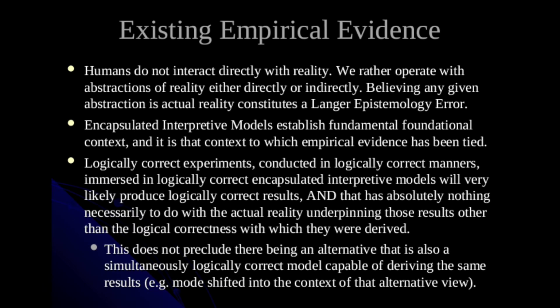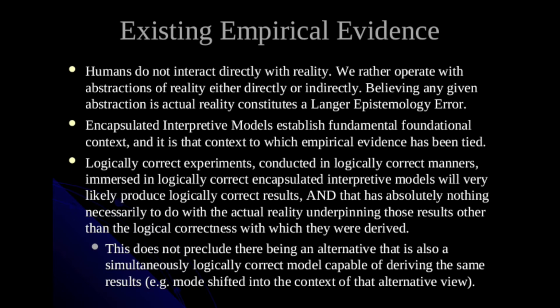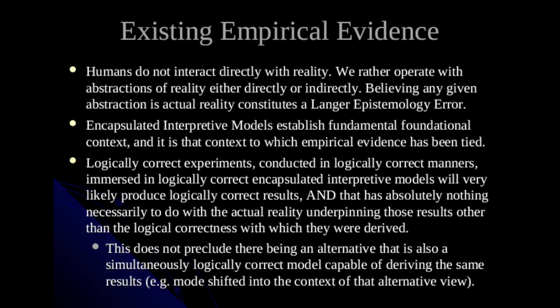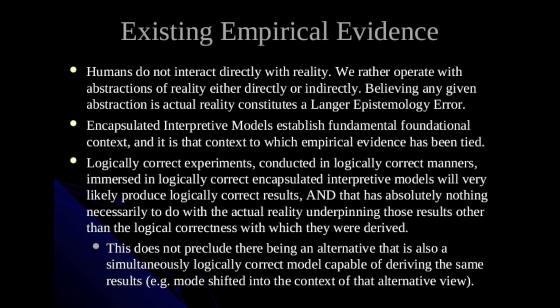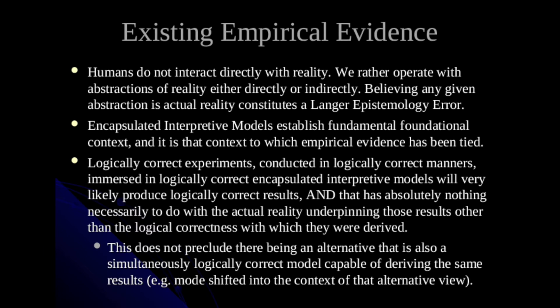So logically correct experiments conducted in logically correct manners, immersed in a logically correct encapsulated interpretive model, will very likely produce logically correct results, and that has absolutely nothing necessarily to do with the actual reality underpinning those results other than the logical correctness with which they were derived.